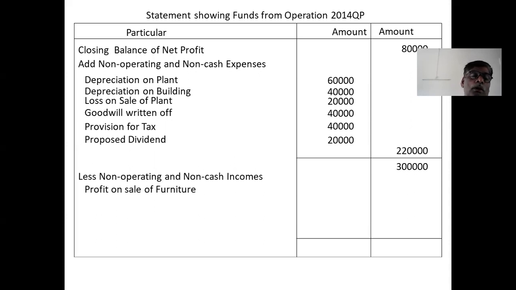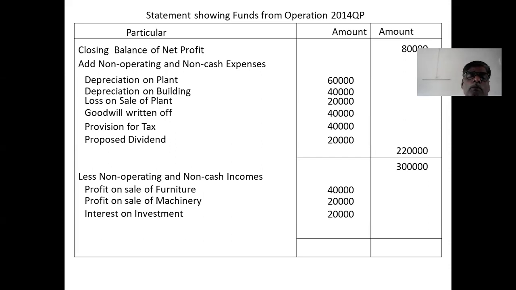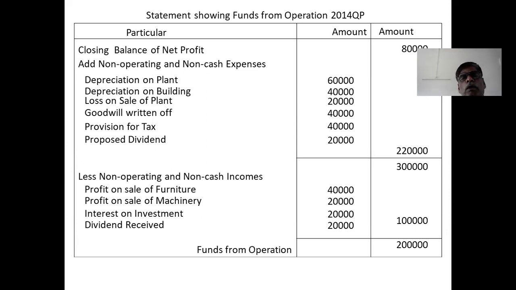First is profit on sale of furniture, sale of machinery, that is an old asset, interest on investment, and dividend received. These 4 are not relating to operation, so you deduct these 4 items, that is 1 lakh in total. You deduct 1 lakh. Whatever balance remains is called funds from operation. In this way, you have to prepare the fund from operation statement.